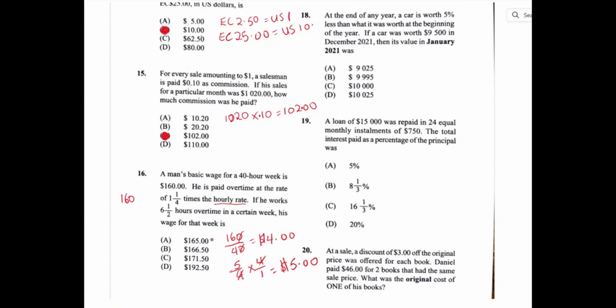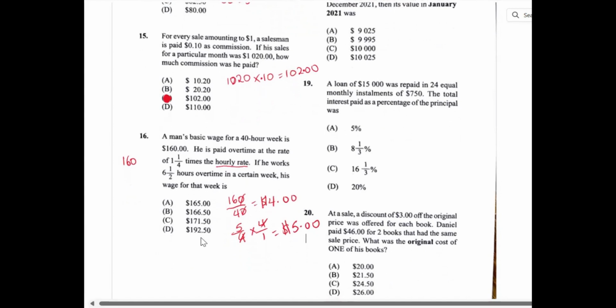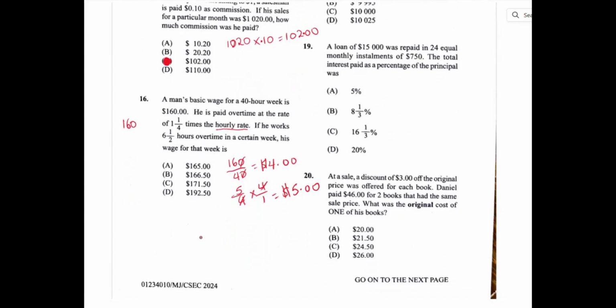Now, if he's working 6.5 hours of overtime for that week, this is a way for you to do some multiplication without stressing yourself out. We could just say 6 times 5 is 30, and a half of $5 is $2.50.